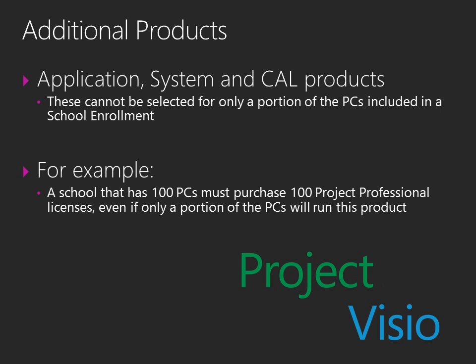However, through the school's enrolment, if you do purchase additional products, they do have to be put institute-wide. So you would need to cover all of the eligible PCs with the software chosen, even if they're only running on a portion of the machines.